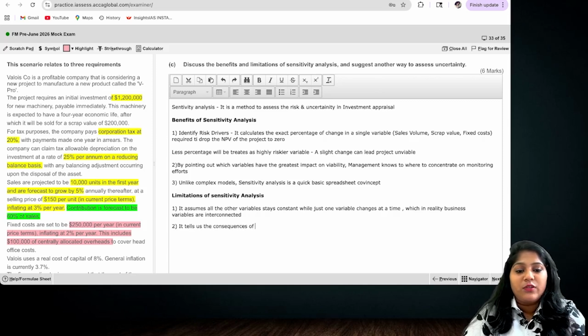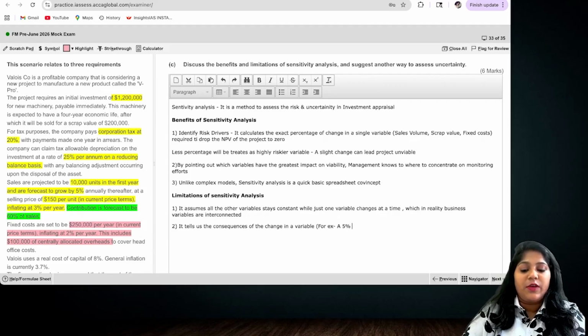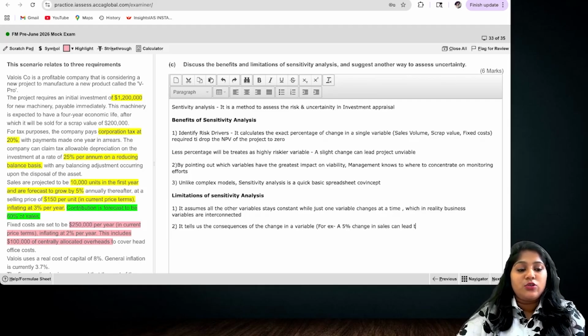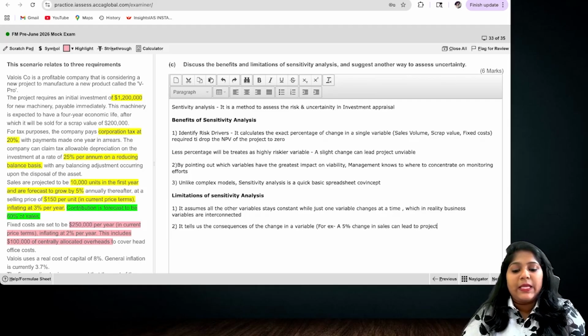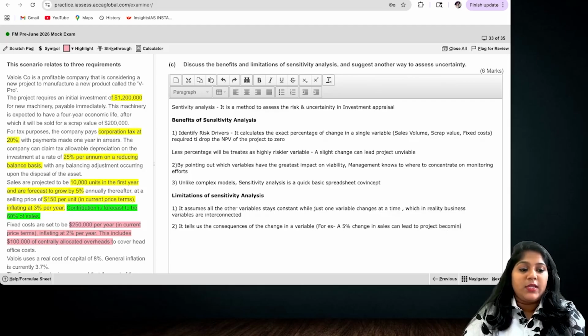For example, a 5% change in sales can lead to the project becoming unviable. Correct?